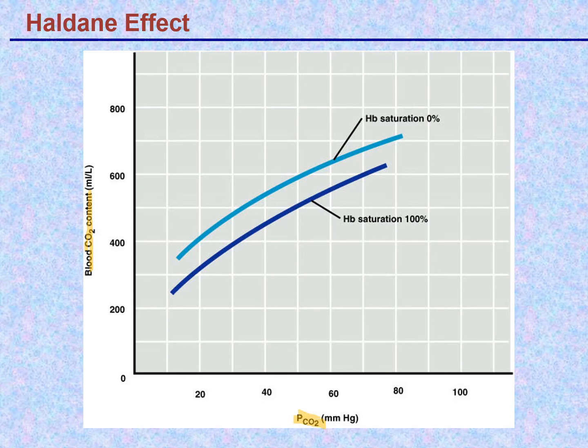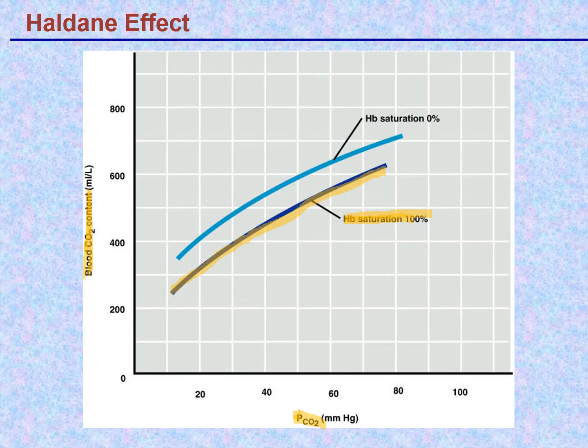So with a high oxygen saturation, in this case, the blood CO2 content rises as the PCO2 is rising.